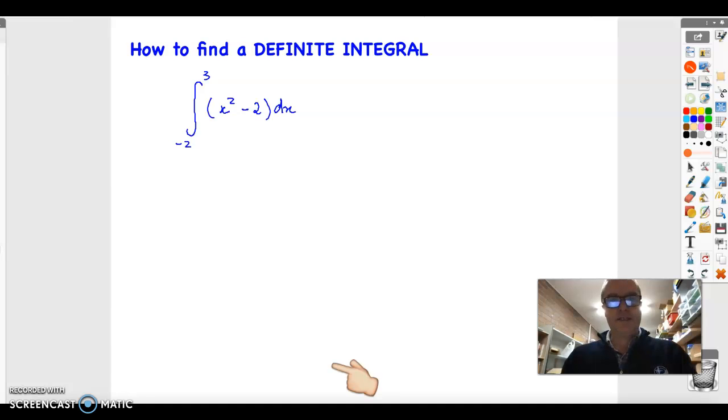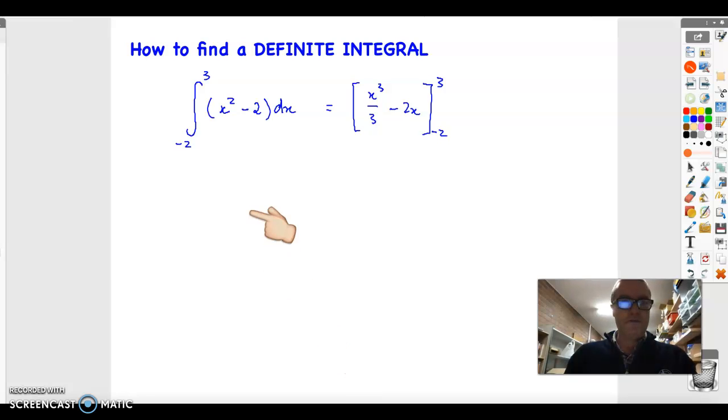So here's a simple definite integral. You've probably learned to calculate these in the past. I'm only doing it here as a bit of revision, but you might check the stages of working out that you could show if you were doing this with pen and paper. So in the first stage of this, let's have a look at the integral that we're calculating first of all. Here's our function, x squared minus 2. We're interested in the definite integral from a value x equals -2 up to a value x equals 3.